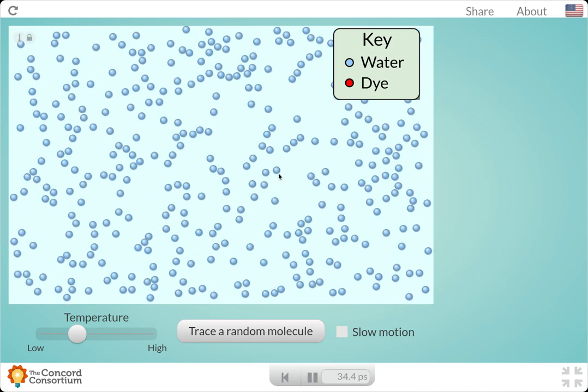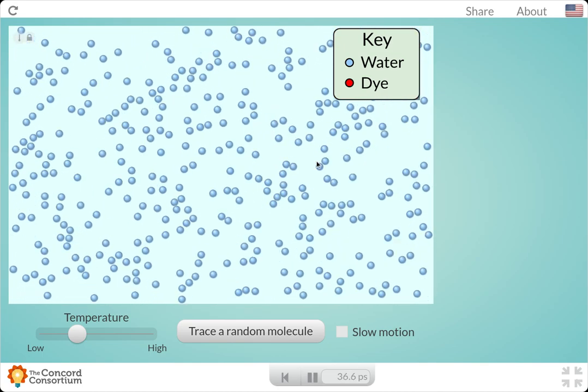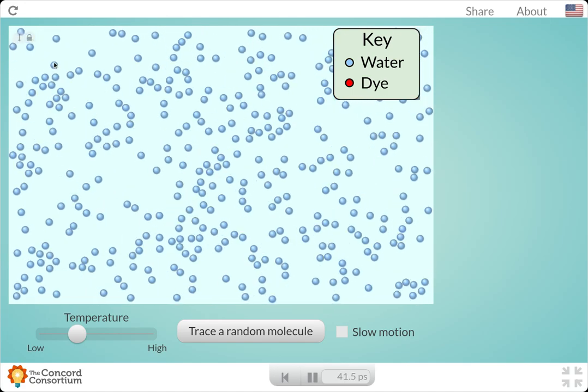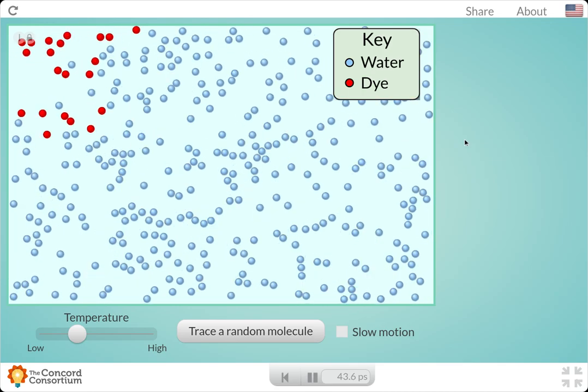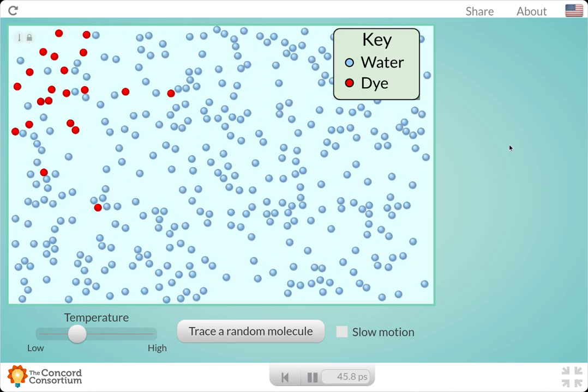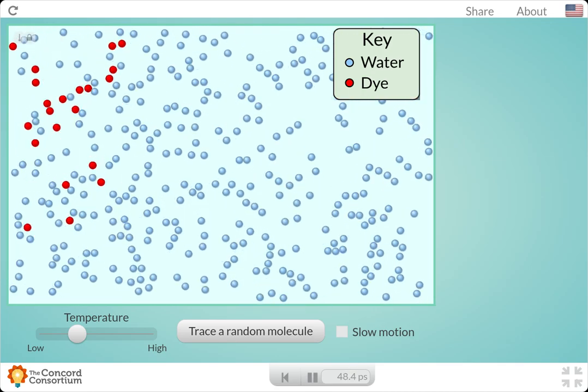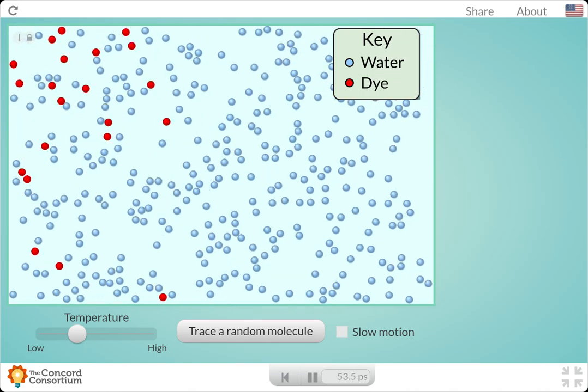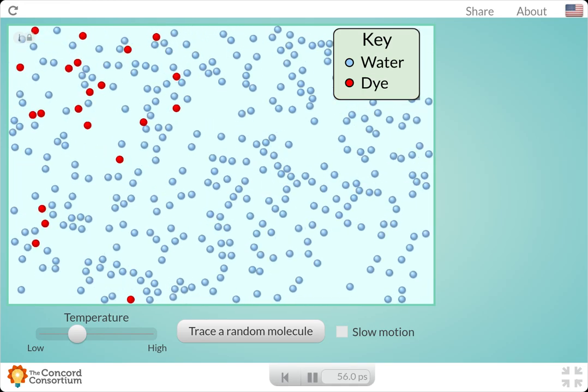These water molecules, as you can see, are just moving around, knocking into each other. And so when something is introduced, and I'll do it up here in the top left corner, every time the new molecule or new substance interacts with a water molecule, it changes direction and moves out.